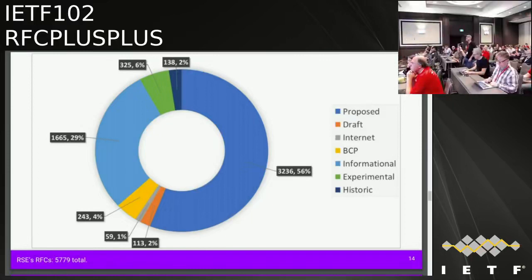Sure, okay. So I should point out that if you add up informational and BCP and some of the others, like experimental, that gets you close to 40% of our documents. A lot of the stuff that the ops area publishes is informational. Saying these aren't RFCs very much makes them second-class citizens, and that's kind of annoying for 40% of our documents.